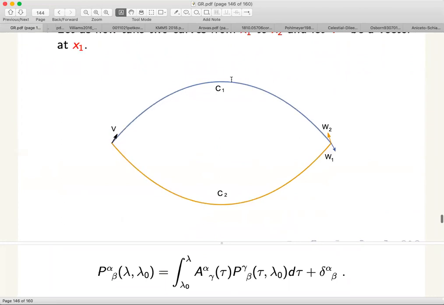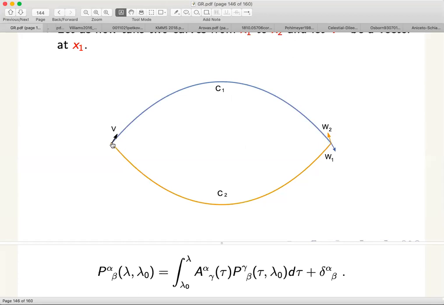I should have drawn an arrow on this path pointing this way, and this path also pointing the same way, but it looked a bit tricky, so I left it. You assume that this path is defined with the arrow going from x1 to x2, and this path is also defined with the arrow pointing towards x2. Both of them are like that.